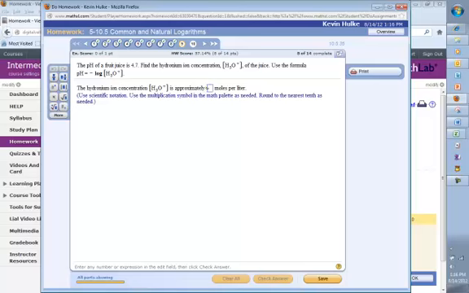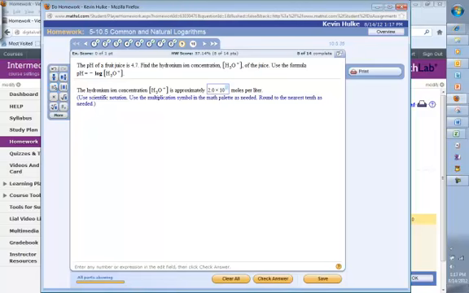So we will do clear, 10 to the negative 4.7 equals, and they want that in scientific notation, and we get 1.99, which is actually 2.0 times 10 to the negative 5.